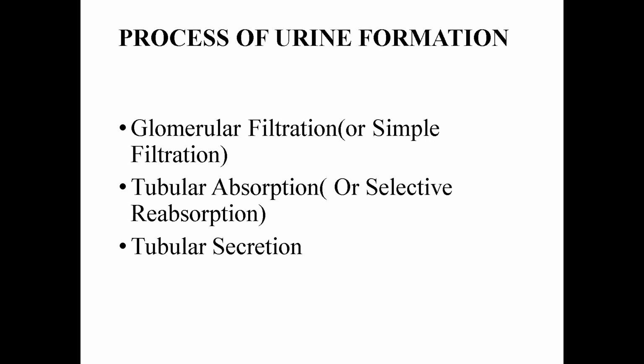Okay, so waste products that are excreted back into the renal tubules are creatinine, urea, and excess materials such as water and electrolytes. So that's all about urine formation.